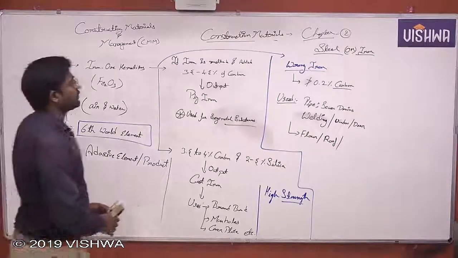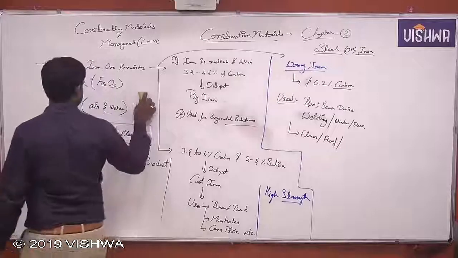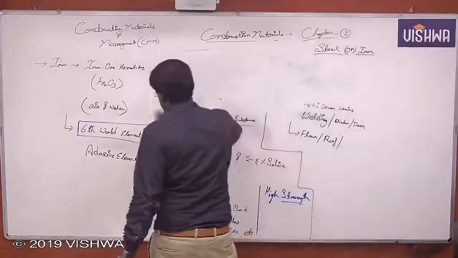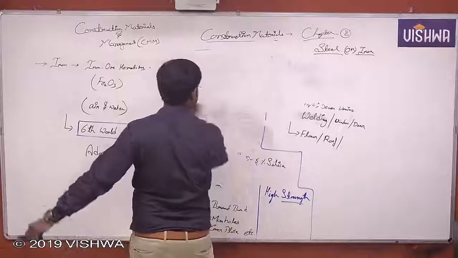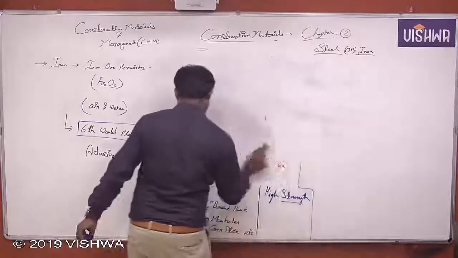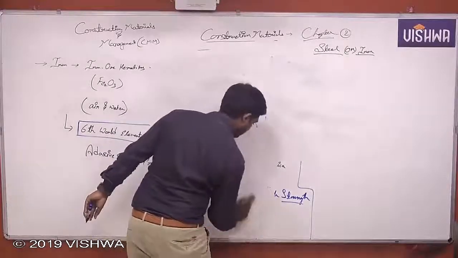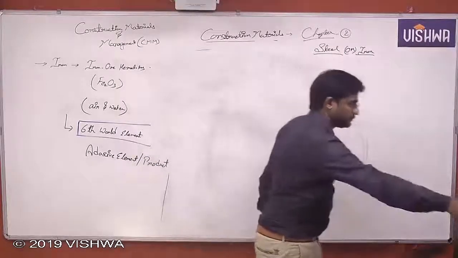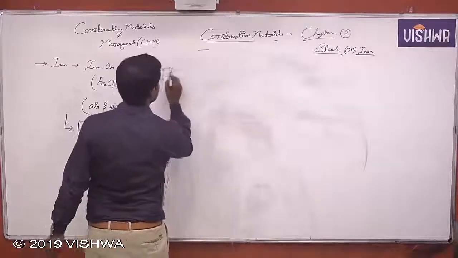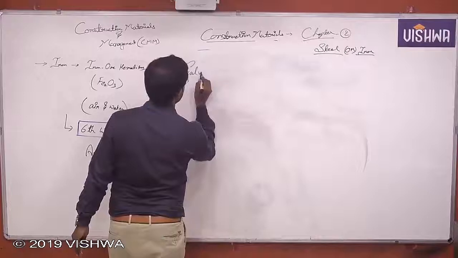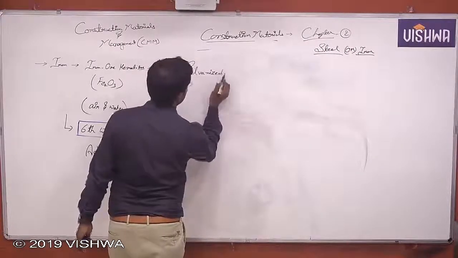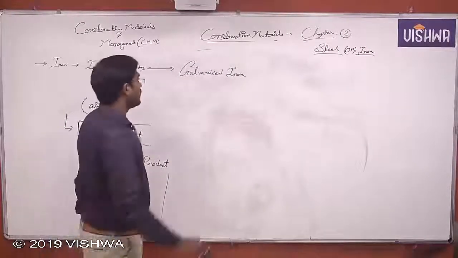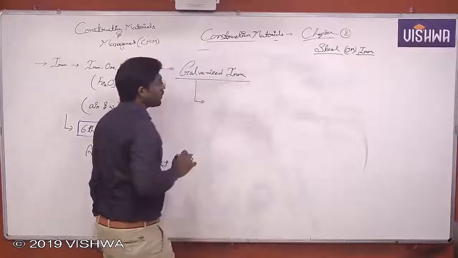So we'll go on to galvanized iron. What we call galvanized iron is nothing but iron with a coat for a non-rusting element.